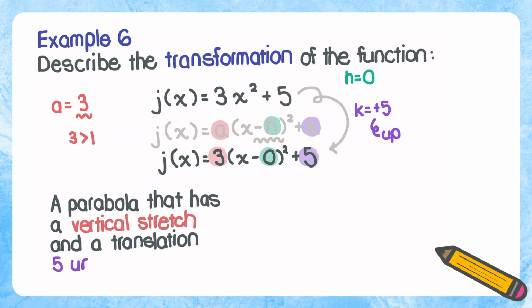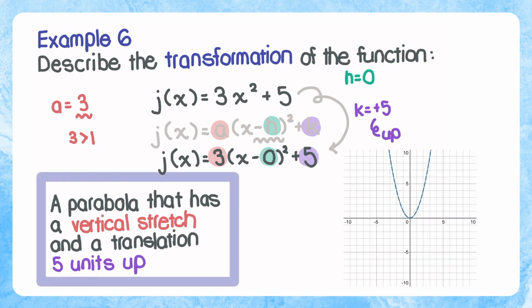We move 5 units up because k is positive. Starting from our parent function graph, the graph of y = x², the graph becomes narrower since a is greater than 1, so there's a vertical stretch. And then we don't move left or right, but we do move 5 units up. In this case, our vertex is at the point (0, 5).